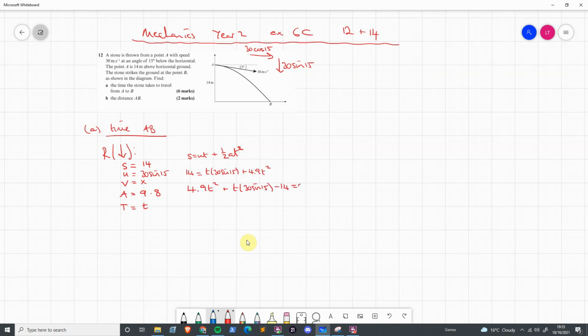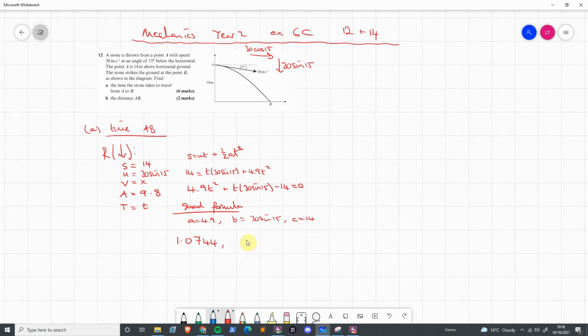So take the 14 to the other side, and I'm going to do the quadratic formula with a equals 4.9, b equals 30 sine 15, and c equals minus 14.